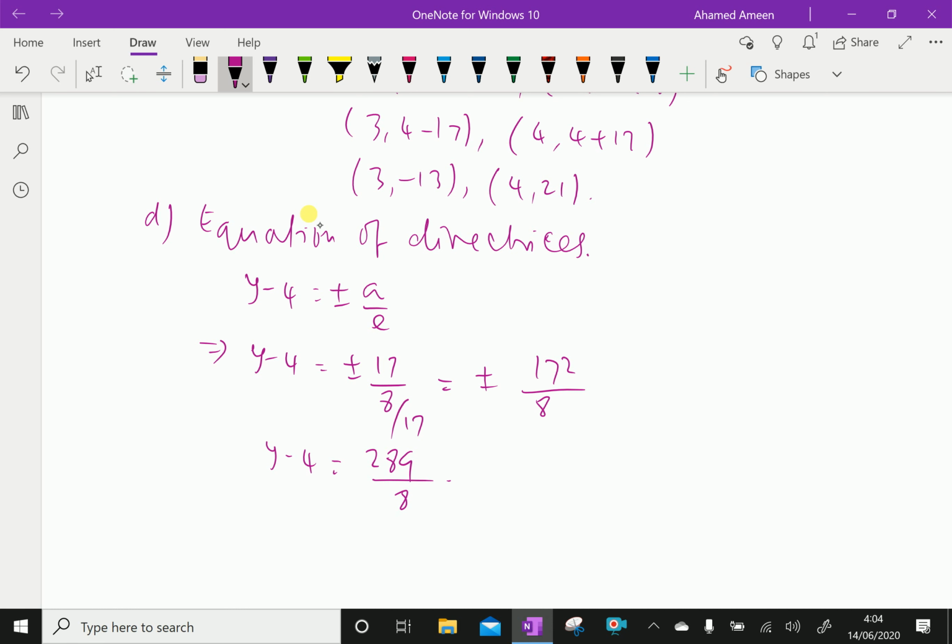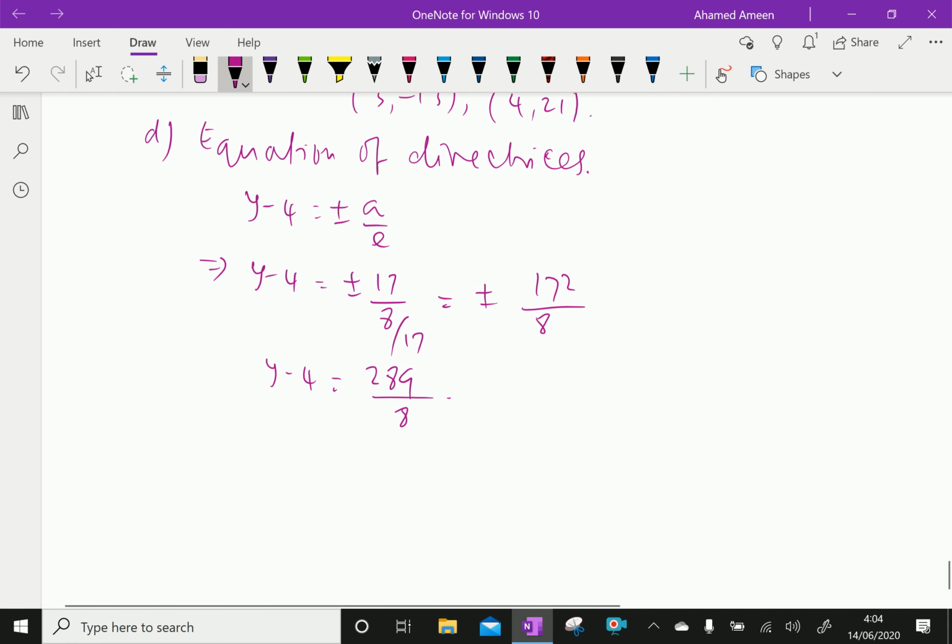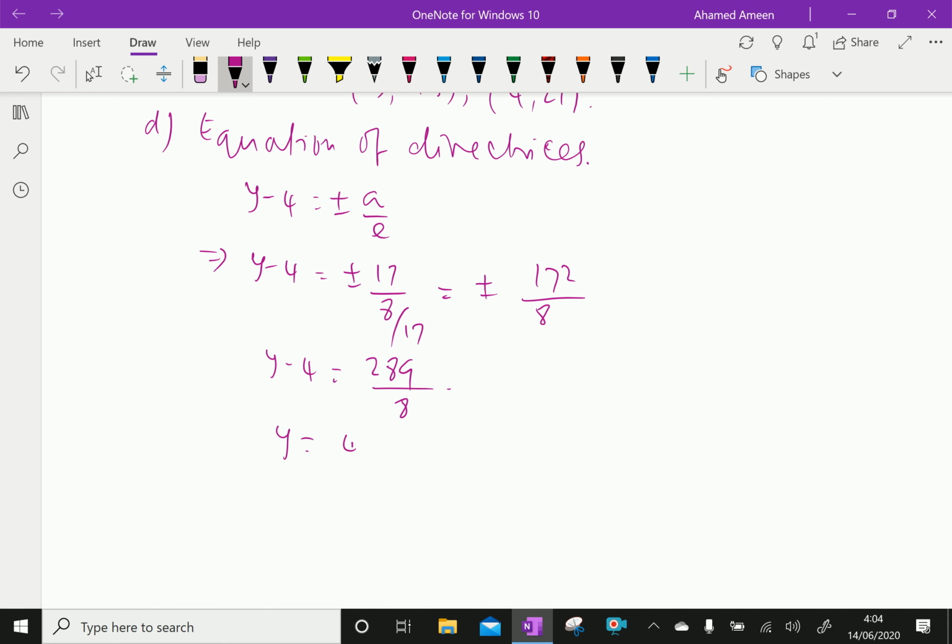Then further we can do y equals 4 plus 289 over 8. 4 eights are 32, plus 289, here plus or minus comes.